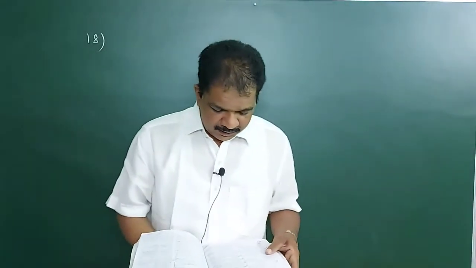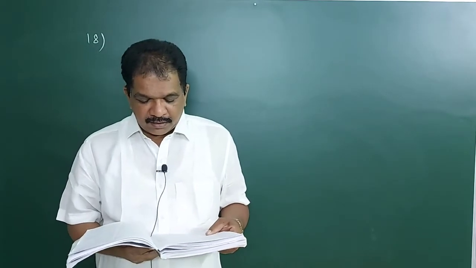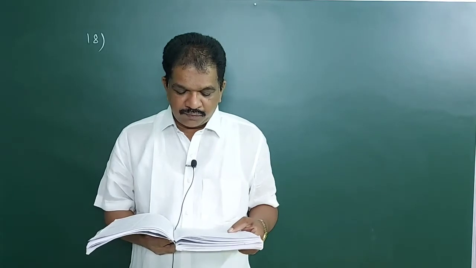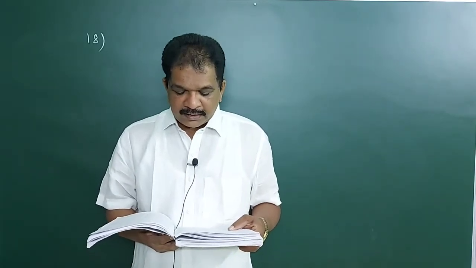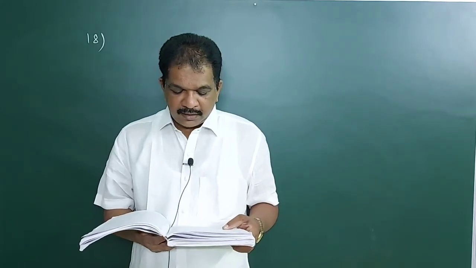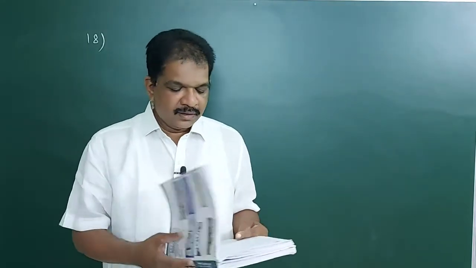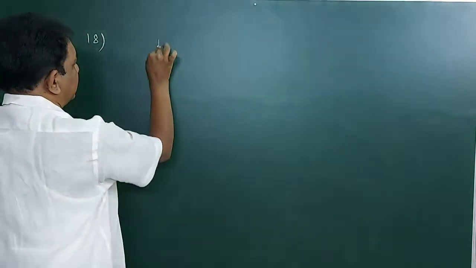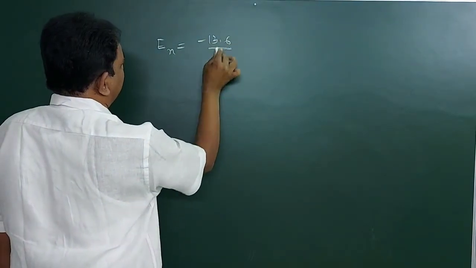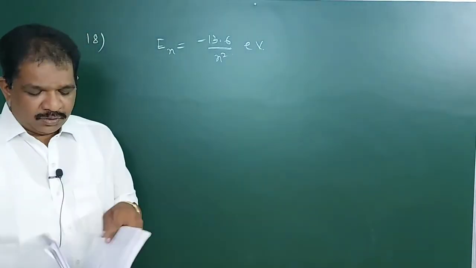Okay. Next, 18 you see. What they are asking, 18. The energy required to excite an electron from n is equal to 2 to n is equal to 4 state in hydrogen atom will be, you take the difference. Energy in the nth orbit, this value will be minus 13.6 by n square electron volt.